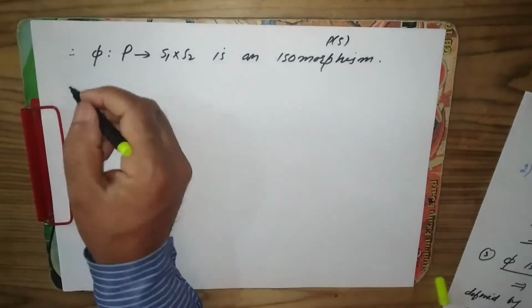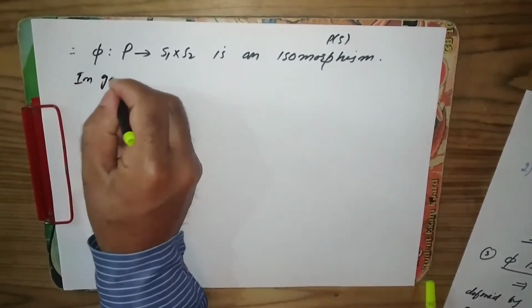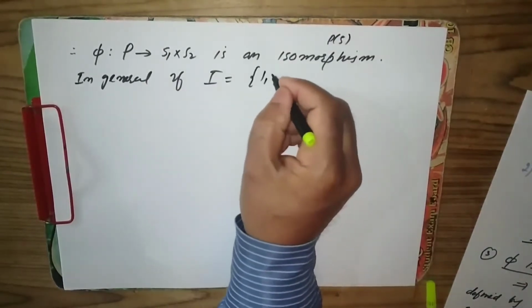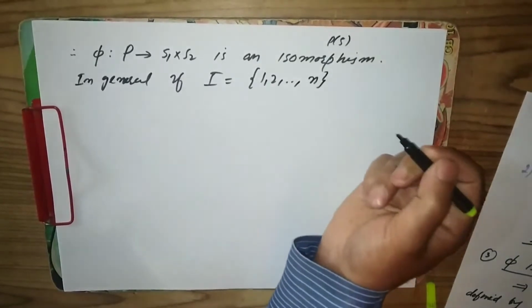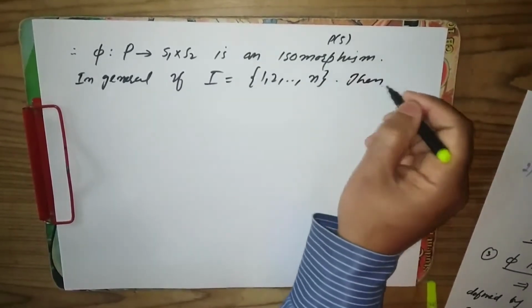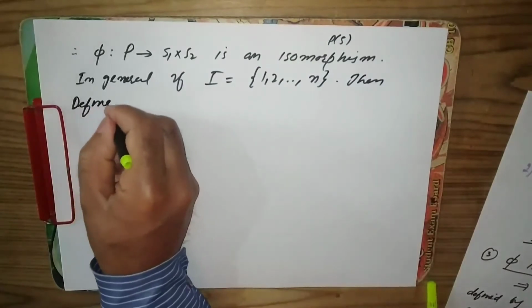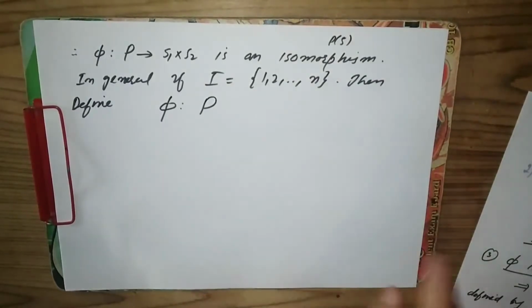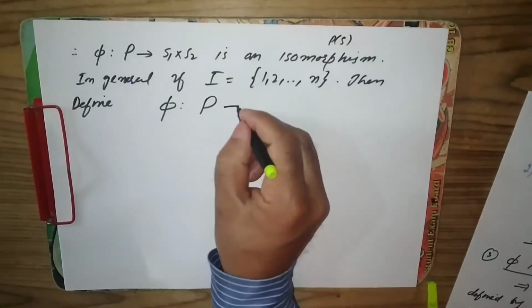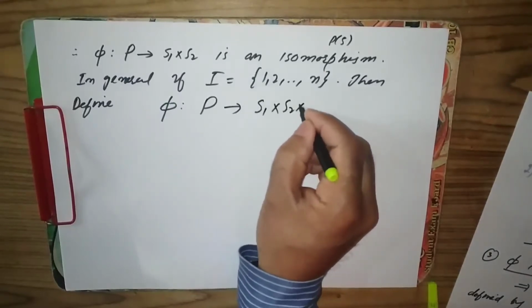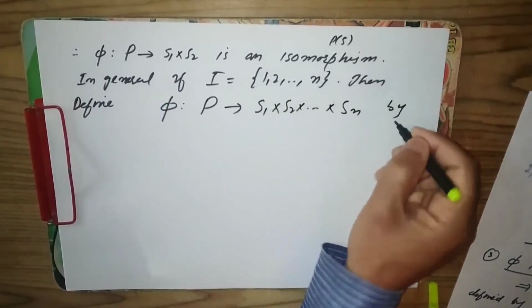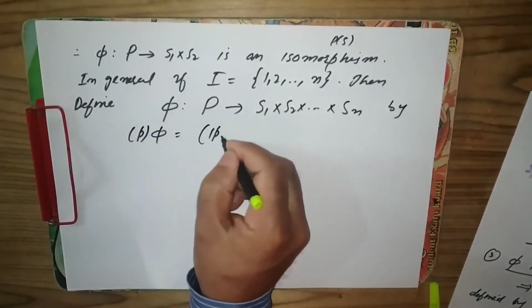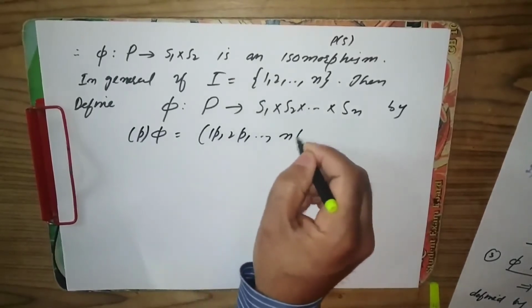So in general, if I is any finite indexed set, 1 to n, then we define phi from P, the product of S1, S2 up to Sn, to the Cartesian product S1 cross S2 cross up to Sn, by phi of p equal to (1p, 2p, up to np).